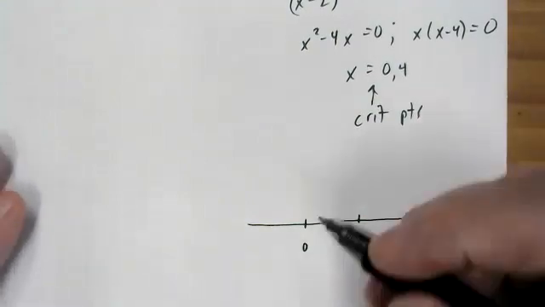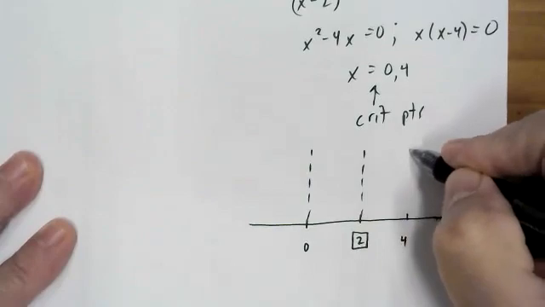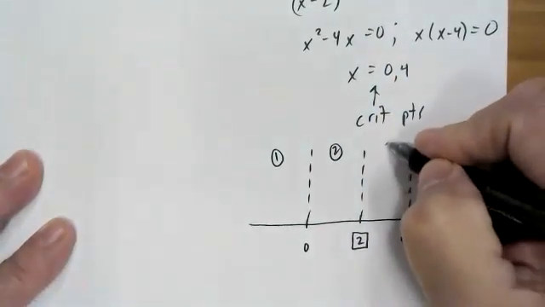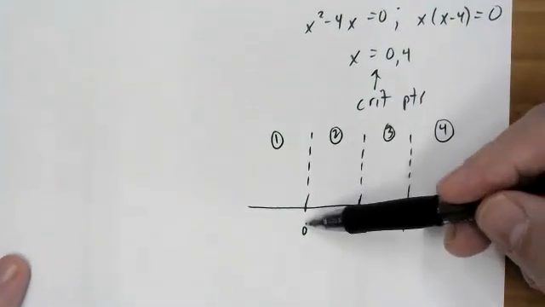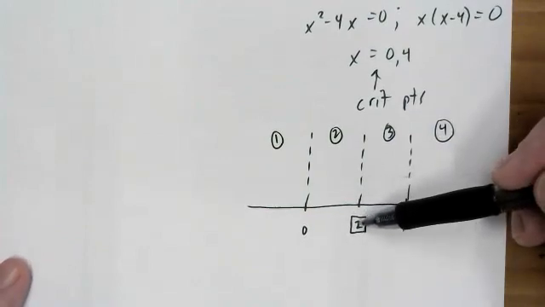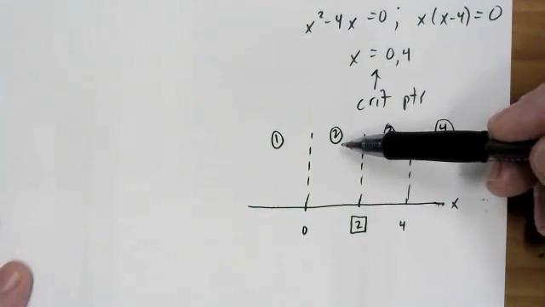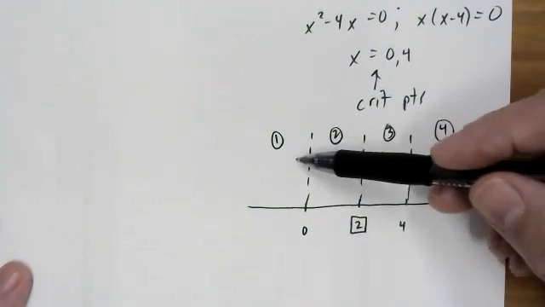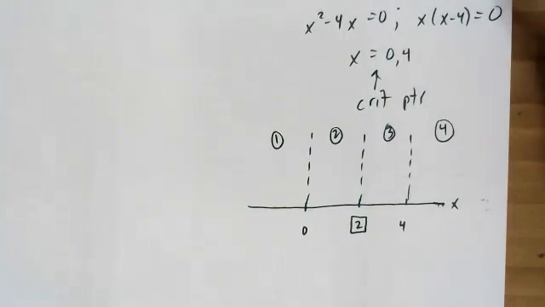And oftentimes I need to keep that in mind as I work out these problems. So that means I'm going to have now 4 regions. So once again, just to say this one more time, critical points and vertical asymptotes are places where the first derivative can change signs. So we have to look on either side of the critical points and on either side of the vertical asymptote. So I'm going to have 4 regions.